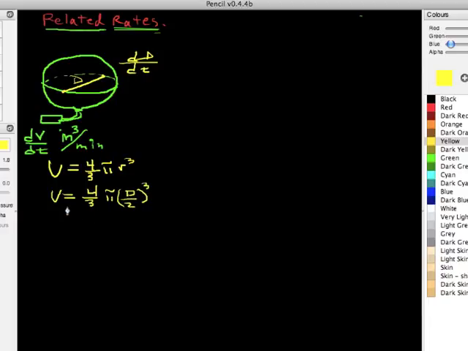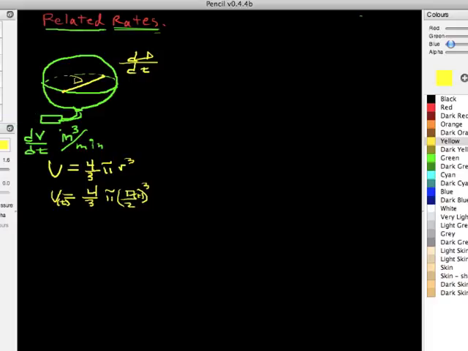Now, I really like to think of volume as a function of time, so I like to write a little tiny t down here. V is a function of time, and d is also a function of time. So you can see the smells of implicit differentiation. It's the reason this comes right after implicit differentiation.